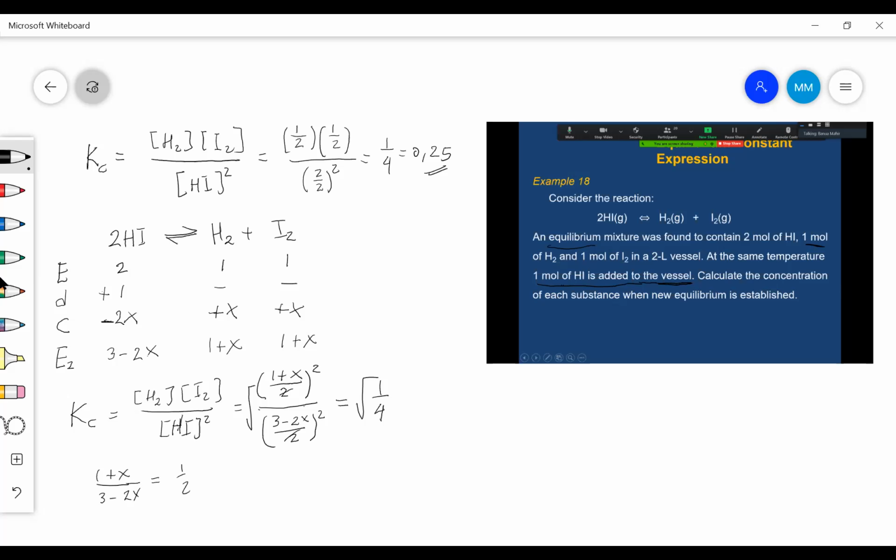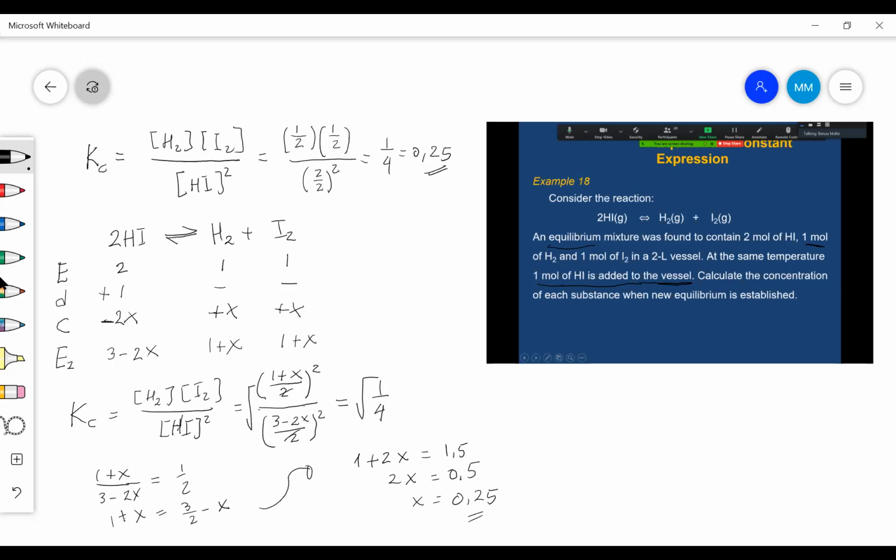So here 1 plus x is equal to 3 over 2 minus x. From here, mathematically, 1 plus 2x equals 1.5. So 2x is equal to 0.5, so x is equal to 0.25. Okay, we got the x.